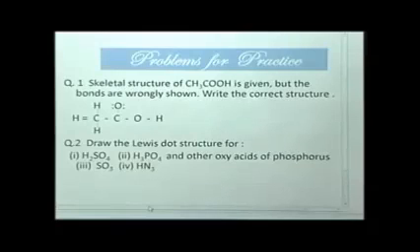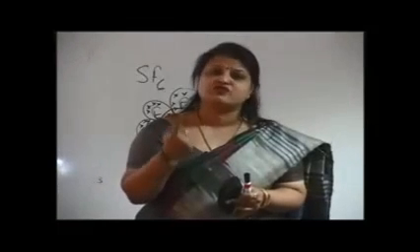A double bond between carbon and hydrogen is not possible, because hydrogen is having one electronic configuration. It can at the most form only 1 bond, whereas in this case it is forming 2 bonds, and hence the structure is incorrect. And the correct structure will be, where to put this double bond?